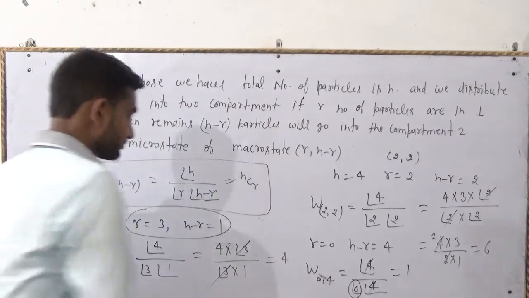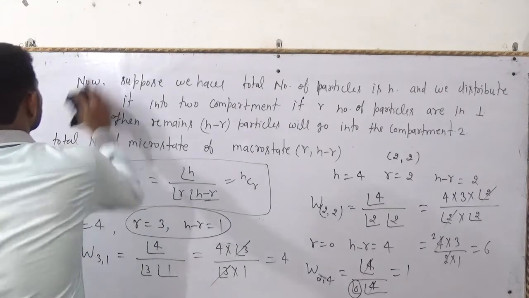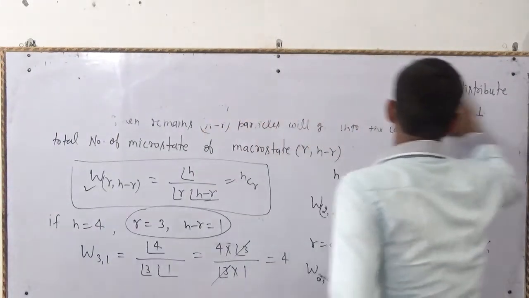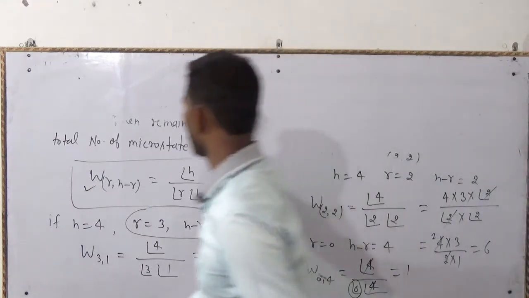So friends, now we will continue and find out the probability. What is the probability of a microstate?